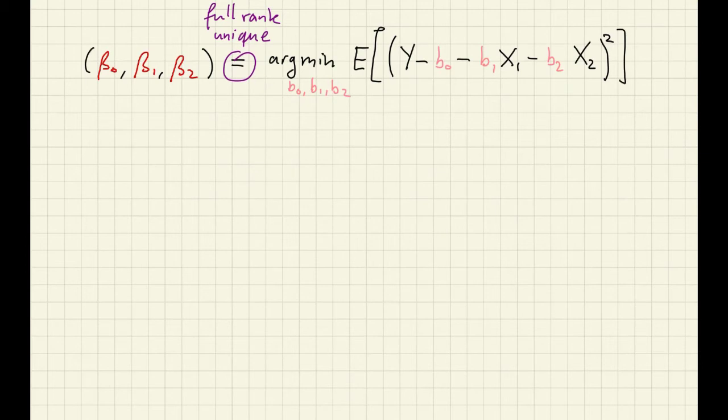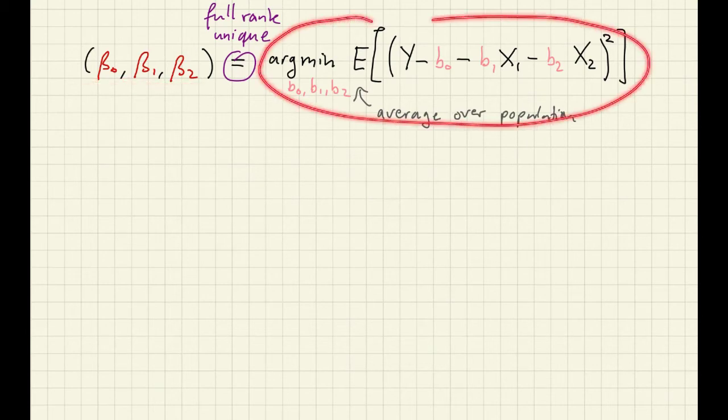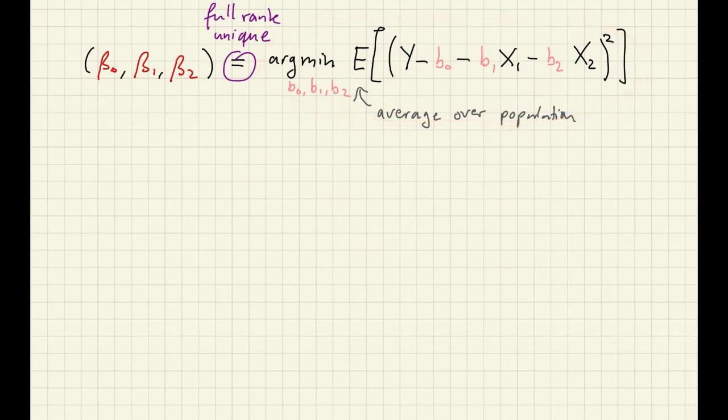So this is an average over the population. If we had full knowledge of the joint distribution of y, x1 and x2, then we could figure out this right-hand side, and by this equality sign, this would allow us to figure out the coefficients that we're interested in. Such results, where we re-express parameters of interest as a function of the population distribution, are what econometricians call identification results.